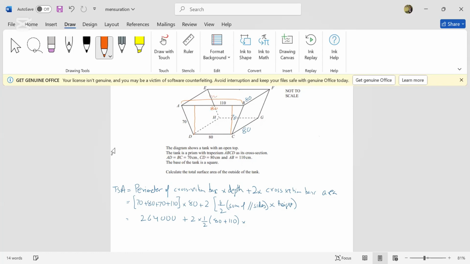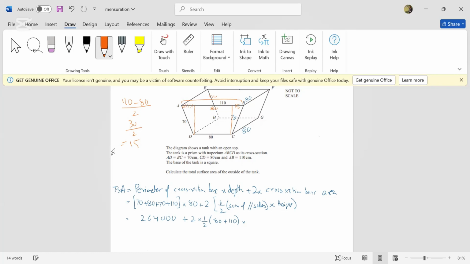It means to get the value of this part, what we have to do is 110 minus 80, and then you need the part of just the one side, so we will divide it by 2. 110 minus 80 is 30, divided by 2 gives us 15. It means this is 15 and this is 15.